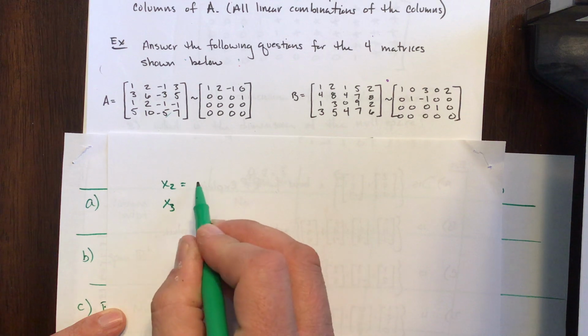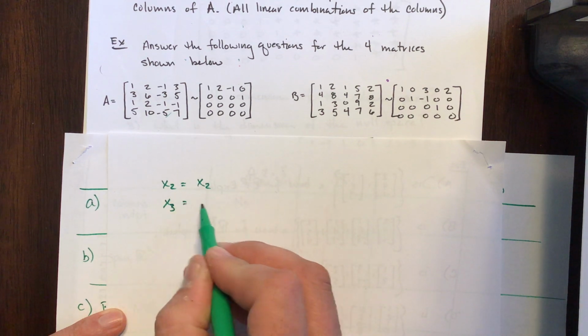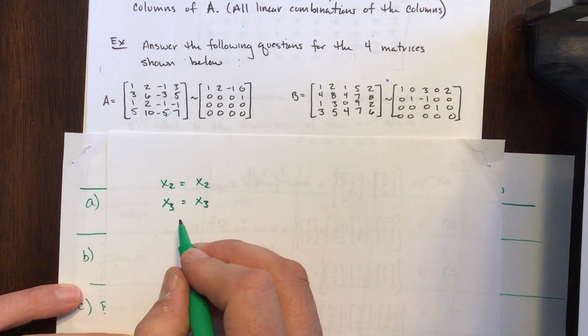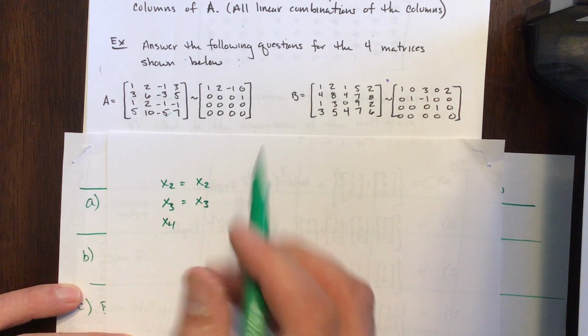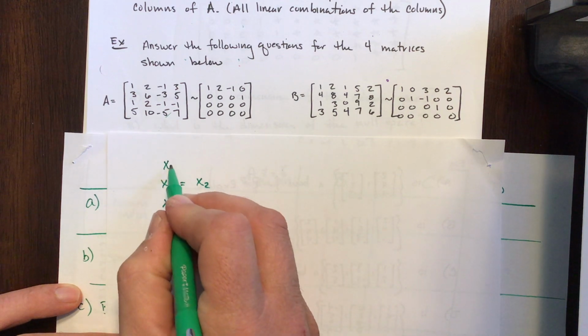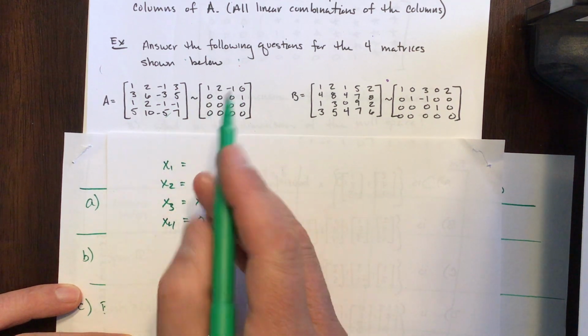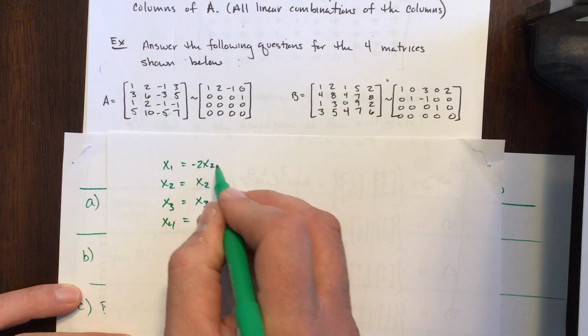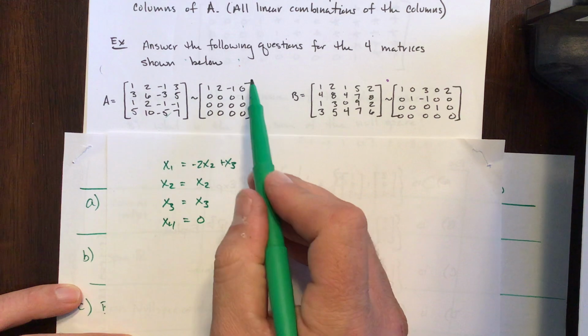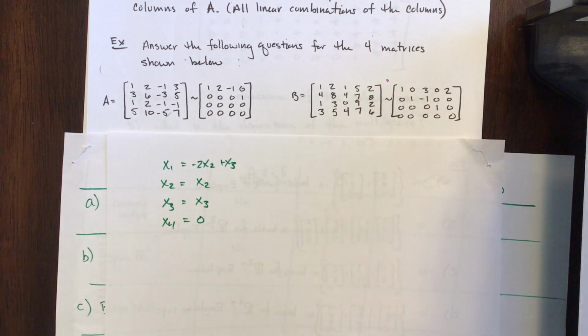That means in the set of vectors in the null space of A, x2 and x3 can be anything you choose. x4 has a pivot, so x4 must be equal to 0, and x1 must be equal to minus 2x2 plus x3. Again, I'm setting this equal to 0. The augmented column is not there because it doesn't need to be, since we know that 0 is going to be on the other side.